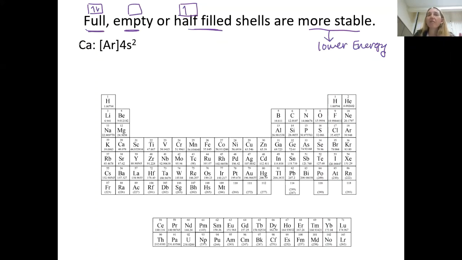So here I have another example. So I have calcium, and calcium's right here, okay? Calcium's noble gas electron configuration is argon 4s2. So here's argon 4s2, right? Now you guys know calcium right here, or these ones like to be +2. So it likes to lose 2 electrons.